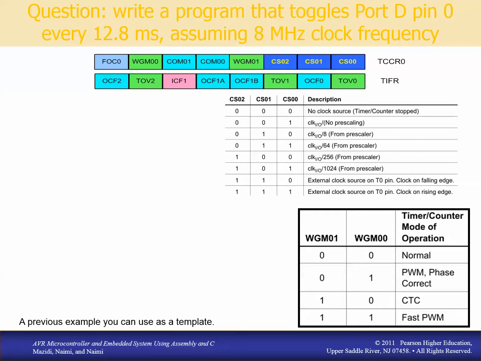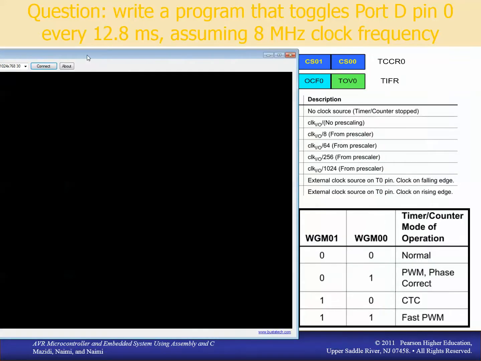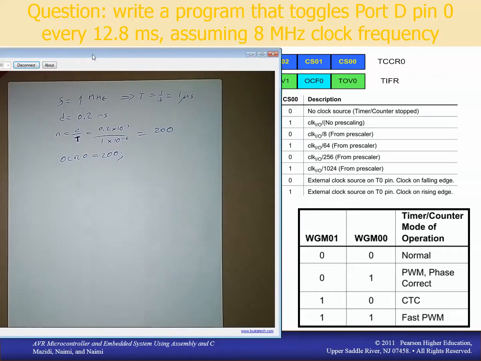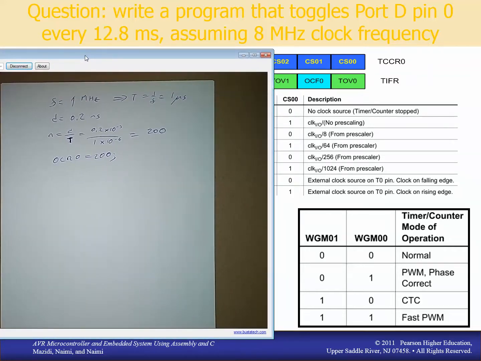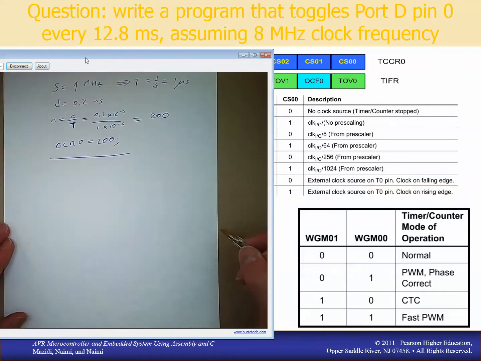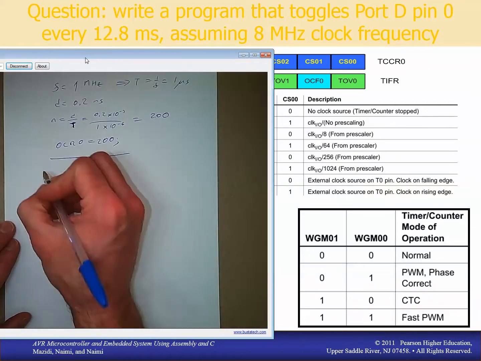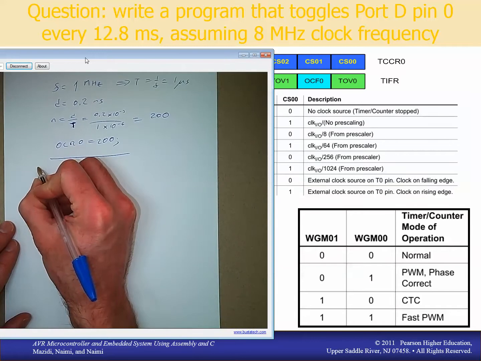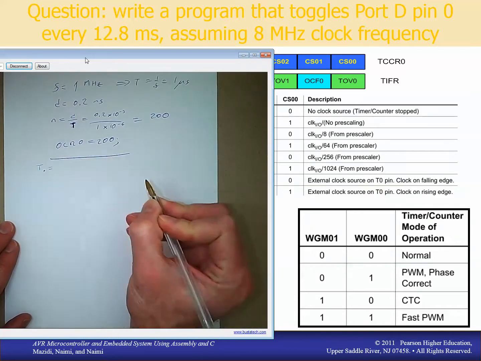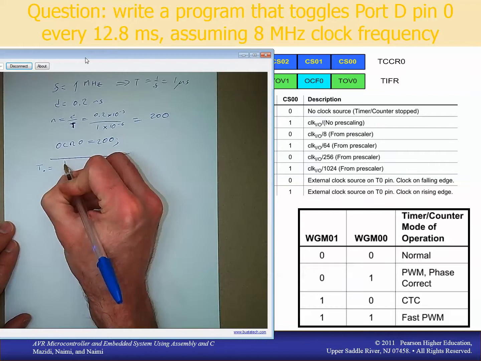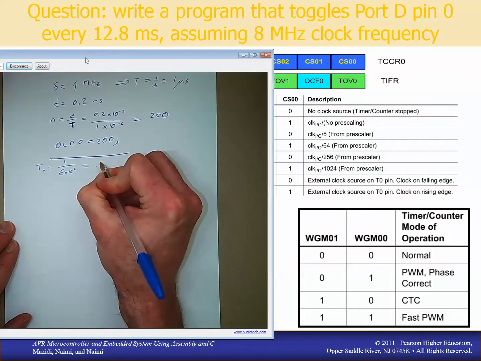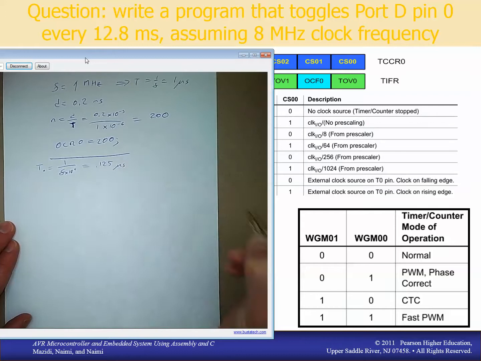So, bring up that camera again. Okay. So for this example, we have an 8 megahertz clock. So we'll say T0, this would be the nominal period, is 1 over 8 times 10 to the 6th, 0.125 microseconds.